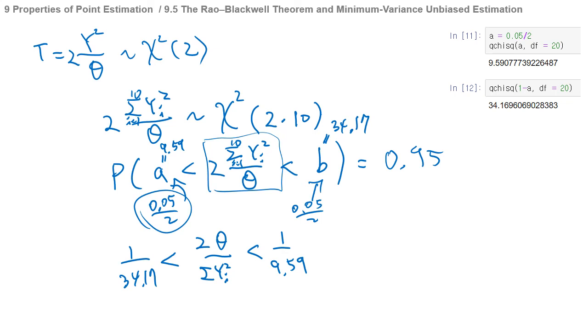If you calculate the sum of Yi squared from the data, this is 24.643.